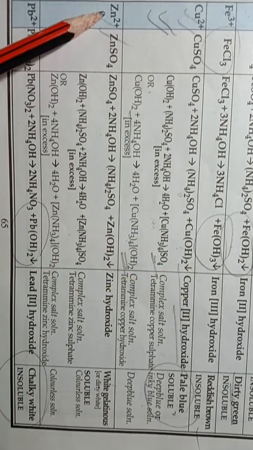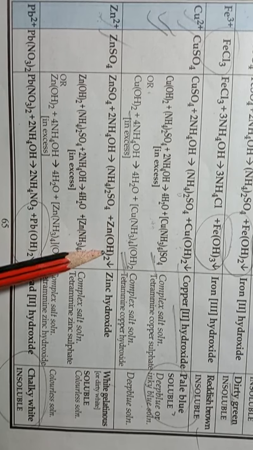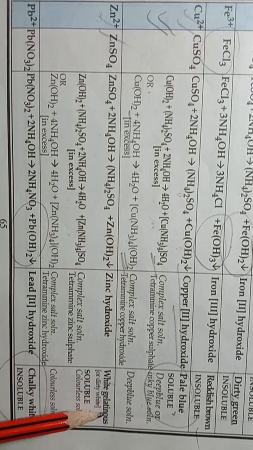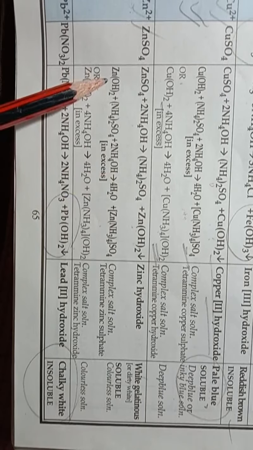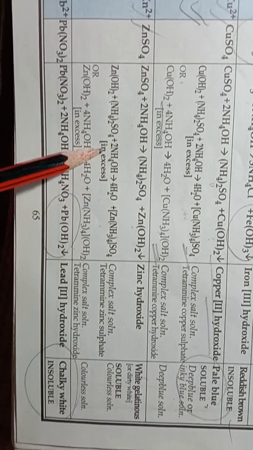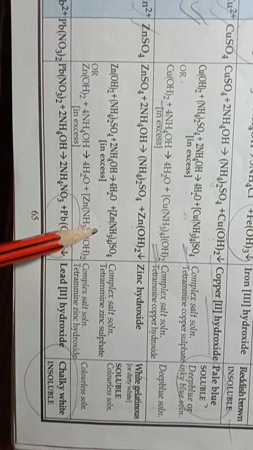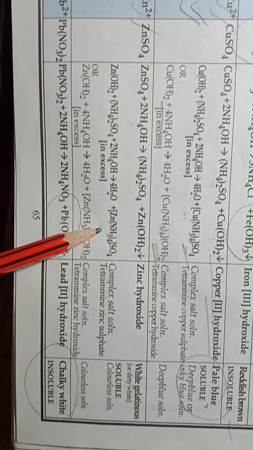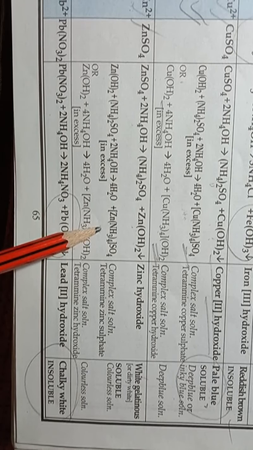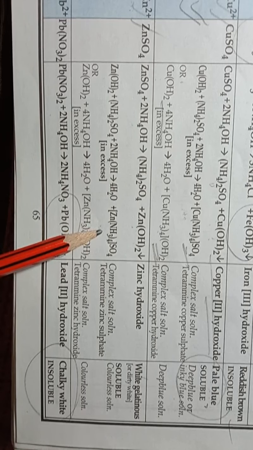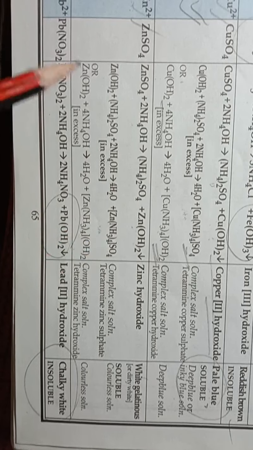Okay, students. Then the next ion is zinc ion, and zinc ion forms zinc hydroxide, which is white gelatinous or gelatinous white PPT. This zinc hydroxide in excess amount of ammonium hydroxide forms a complex salt, tetraamine zinc, which is soluble, and that is why the solution turns colorless.